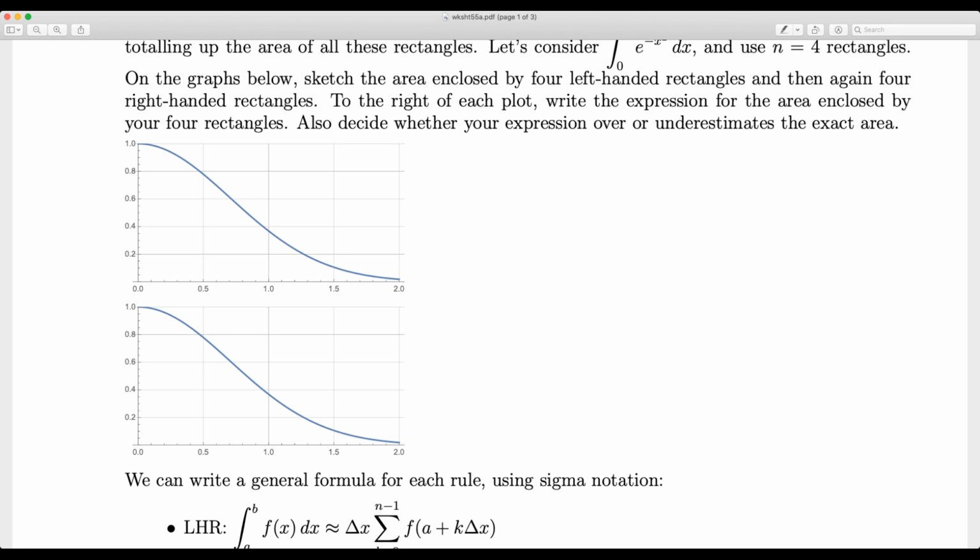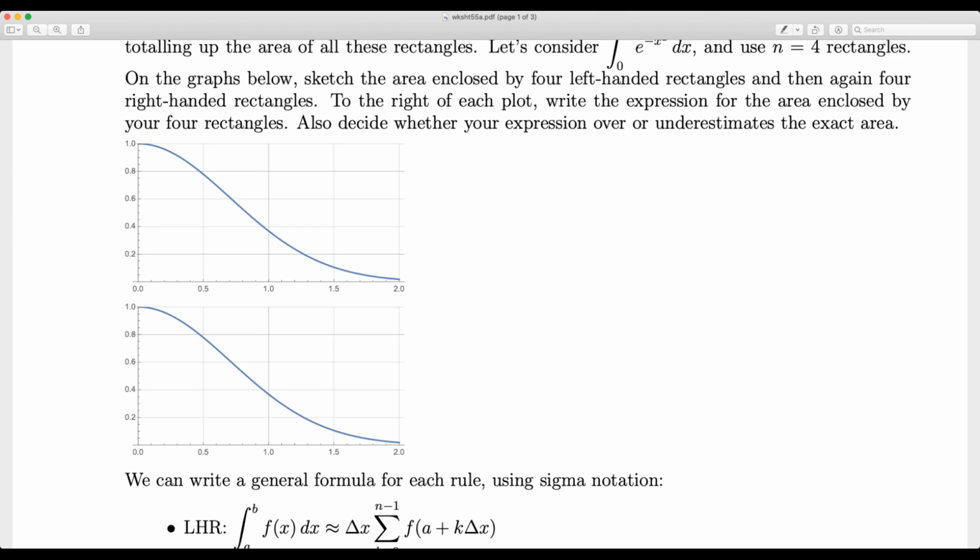Okay, so if I do this with left-handed rectangles, first off, if I'm going to use 4 rectangles on the interval from 0 to 2, how wide is each one going to be? Half a unit. Do we have to make all the rectangles the same width?